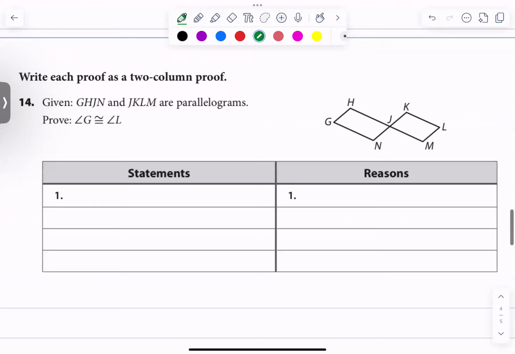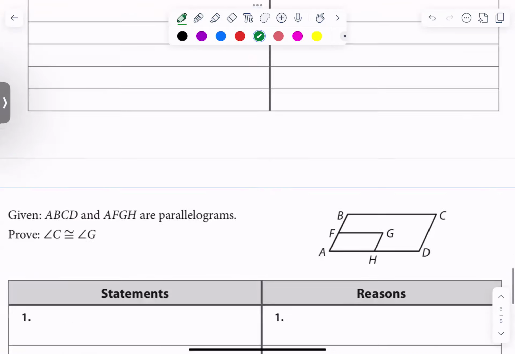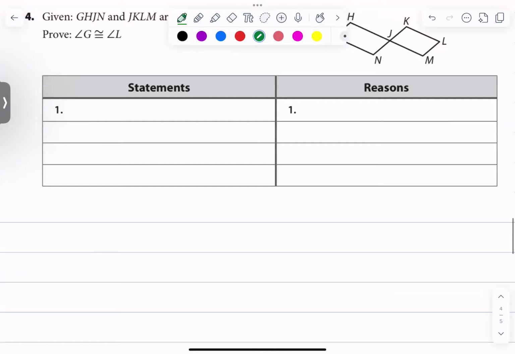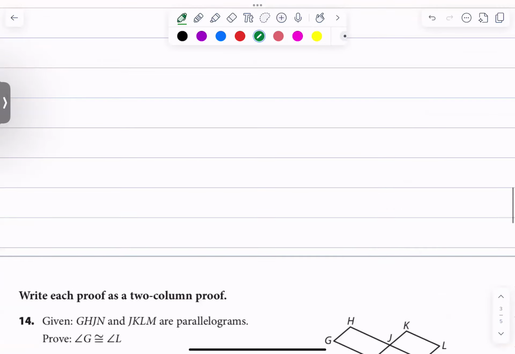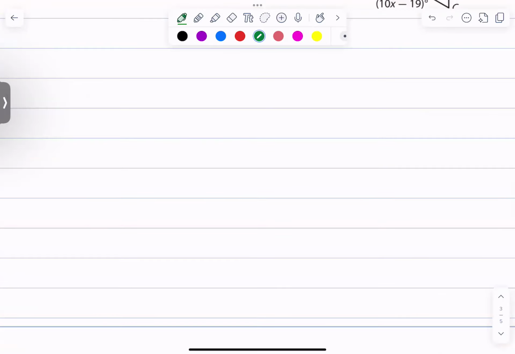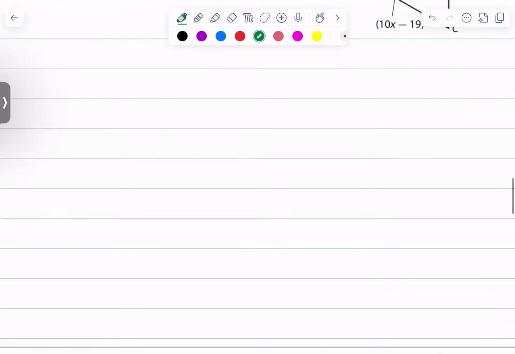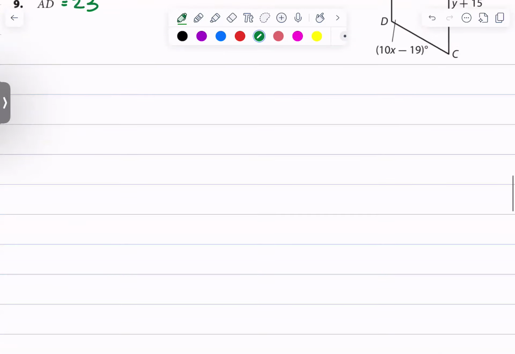Now we get to proofs. Okay, we have 3 of them. Maybe I'll just go over one today because I just want to introduce it. And maybe on another video, we will talk more about it. Okay. So in terms of proving, just like how we proved parallel lines, right?